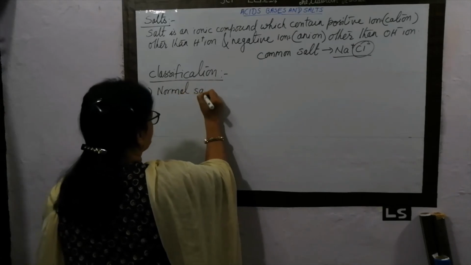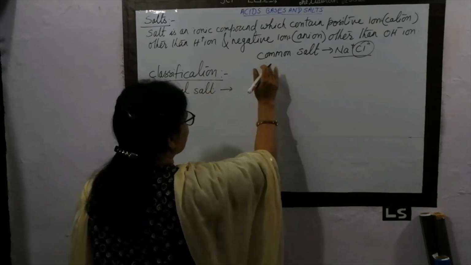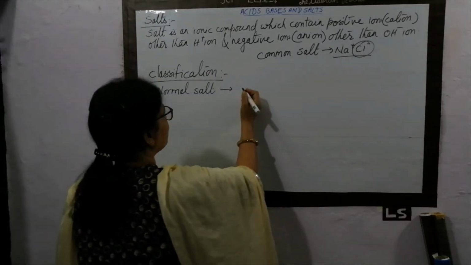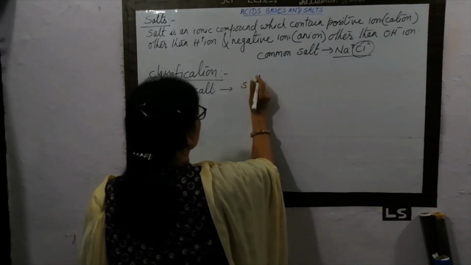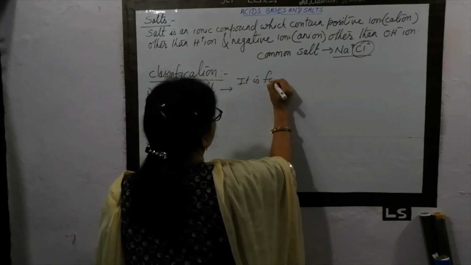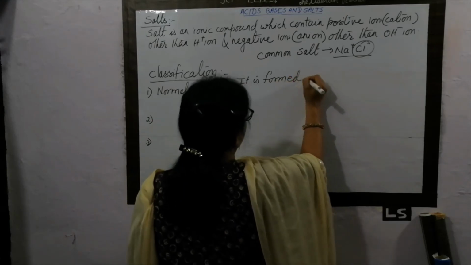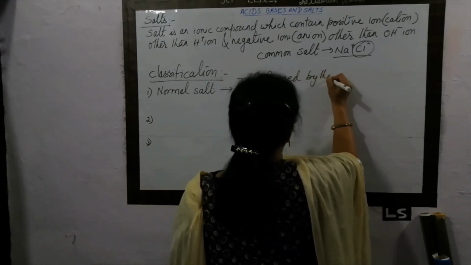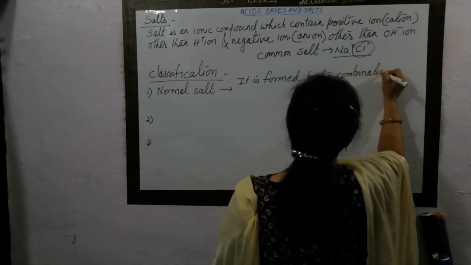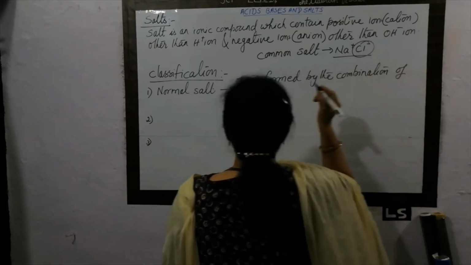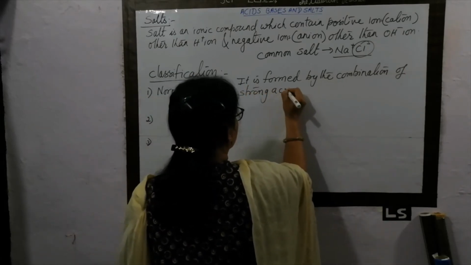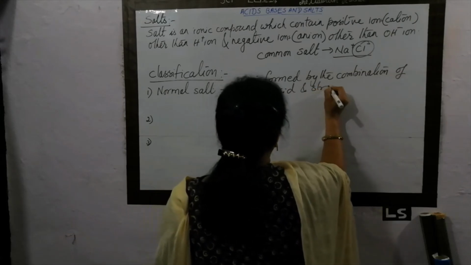The first type of salt is called the normal salt. This is the normal salt, that is the common salt. How is the common salt formed? It is formed by the combination of a strong acid and a strong base.